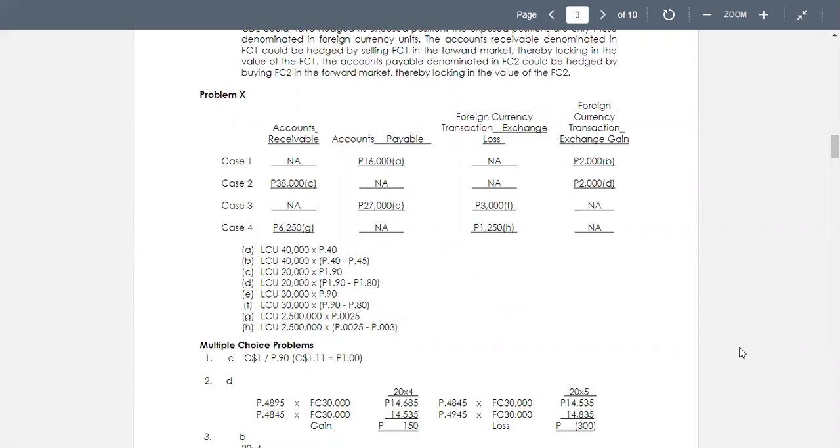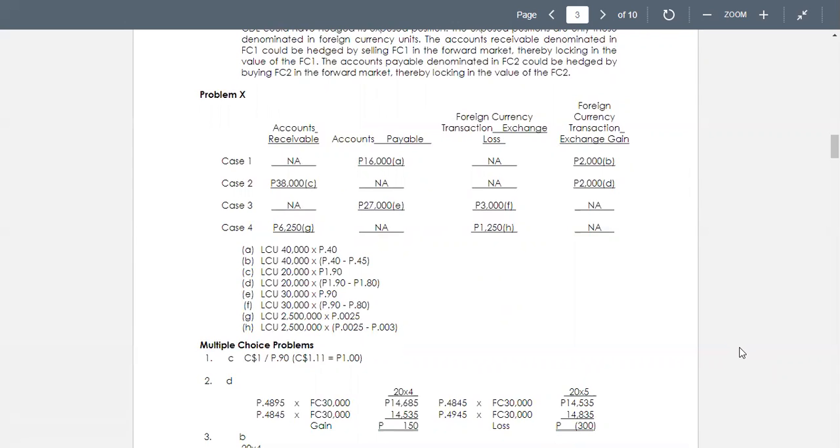So number 1 here. If Canadian dollar can be exchanged for 90 cents of Philippine peso, what fraction should be used to compute the indirect quotation of the exchange rate expressed in Canadian dollars?